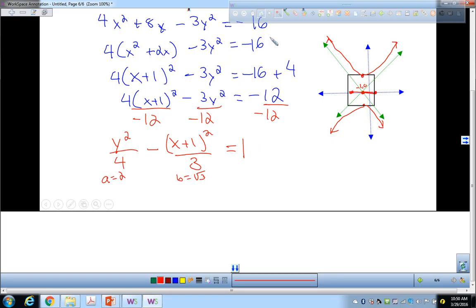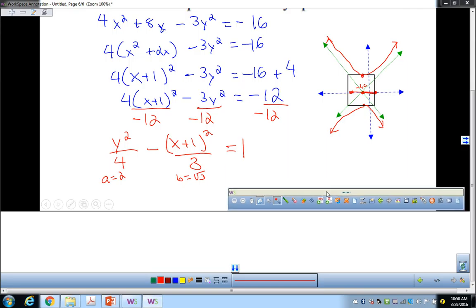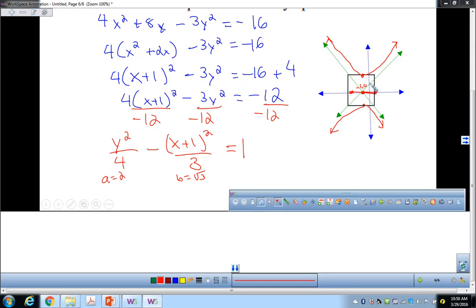Okay? So I'm not quite done with the problem because it said sketch it and find the equation of the asymptote. So since this is going vertically, this is y equals k. What's k in this case? k is 0 because k is the y coordinate of the center.